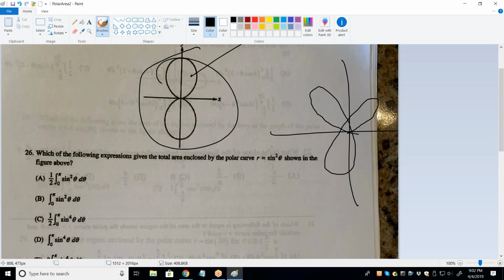Is there a good way to recognize what equations will most likely turn out to be petals?